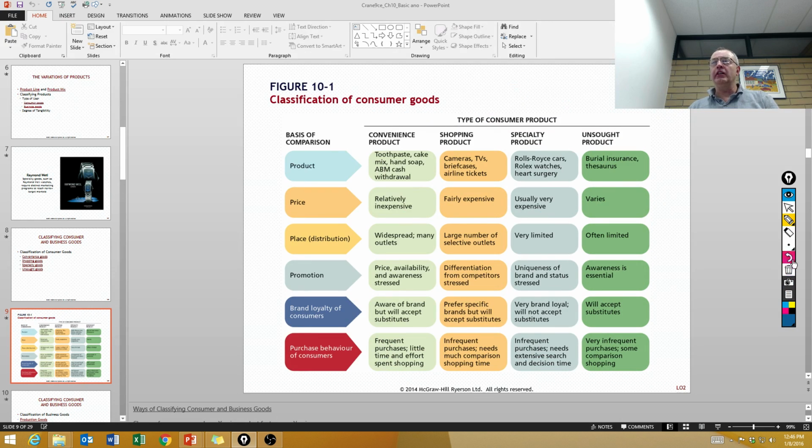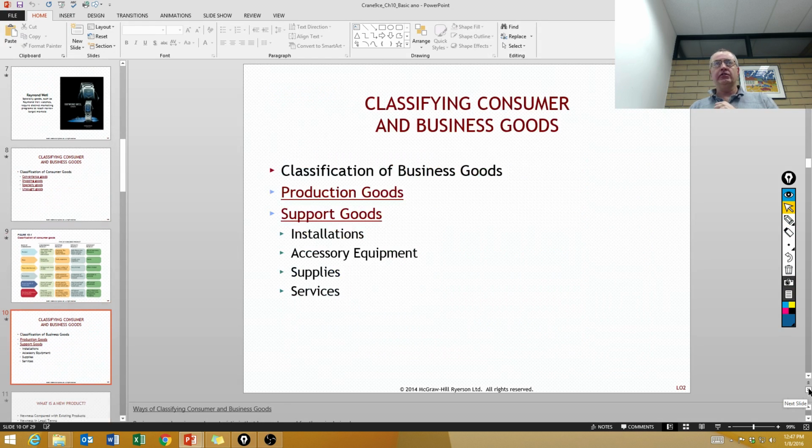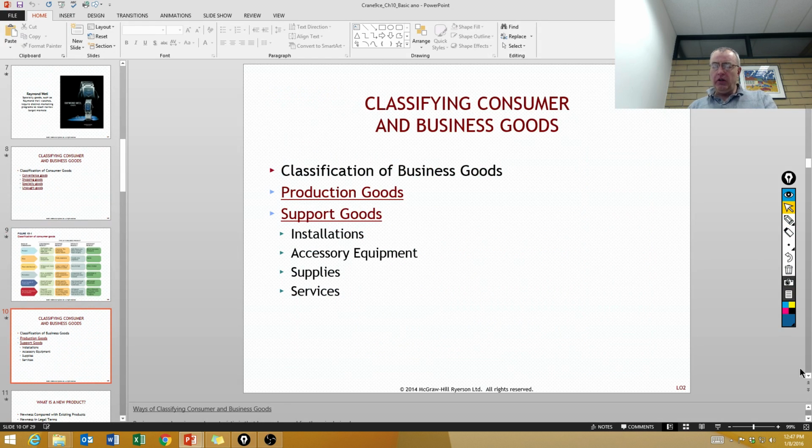Okay, next we look at the classification of business goods, or industrial goods. We recall from chapter one that the distinguishing feature of business goods is that the industrial buyer's demand for them is a derived demand.